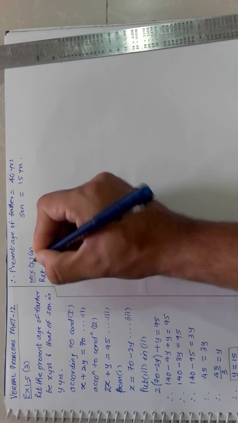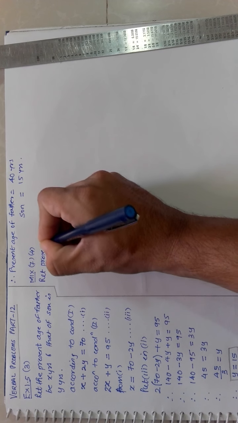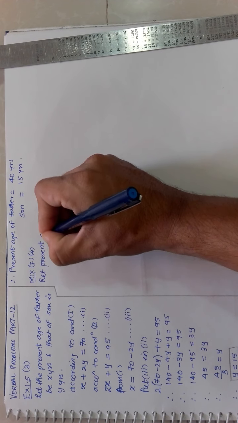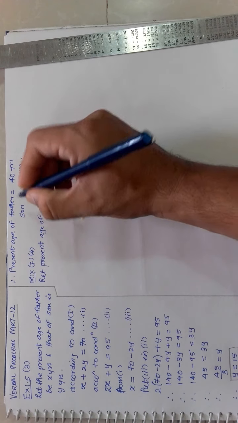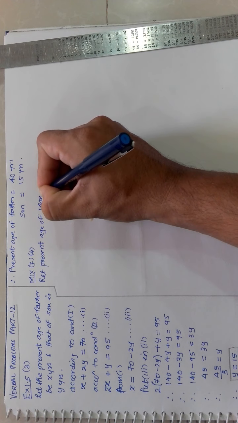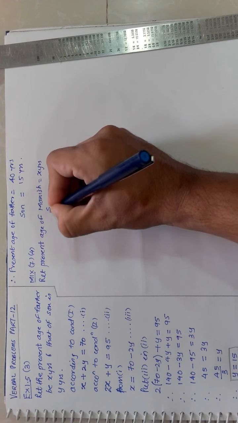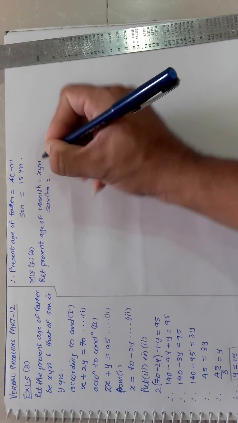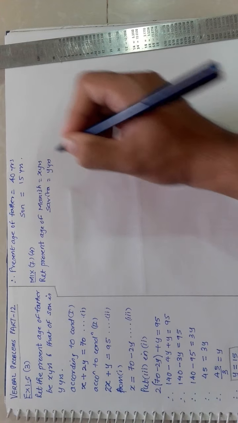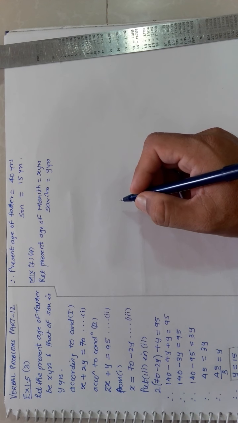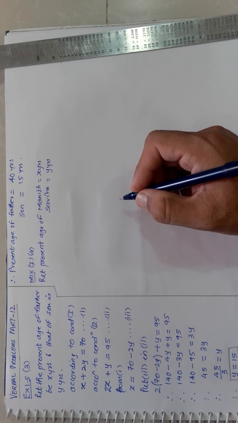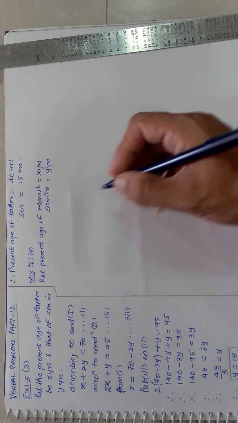Let the present age of Manish be X years and that of Savita be Y years. Agreed? The condition says the sum of present ages of Manish and Savita is 31.